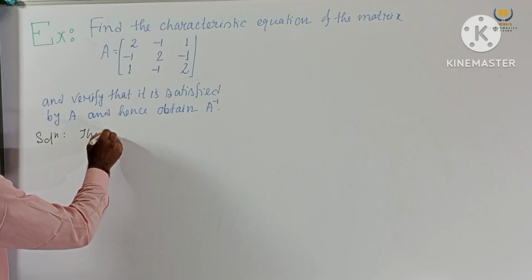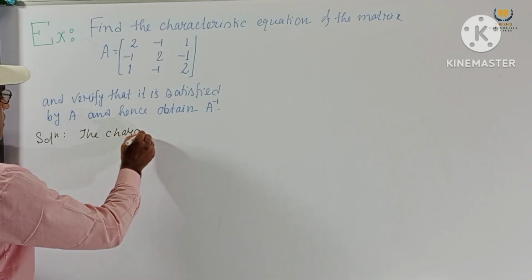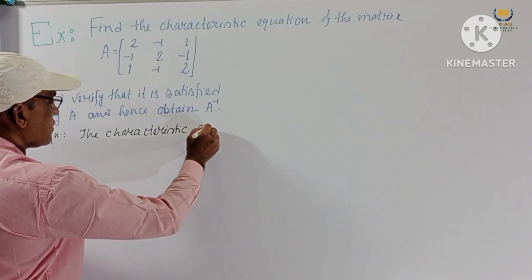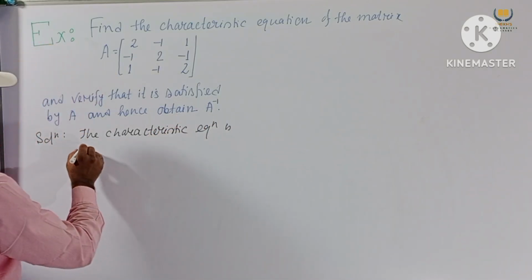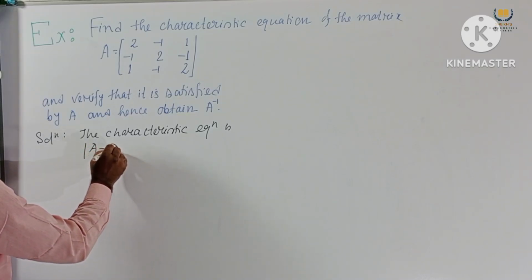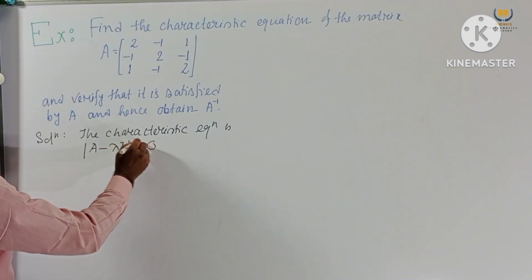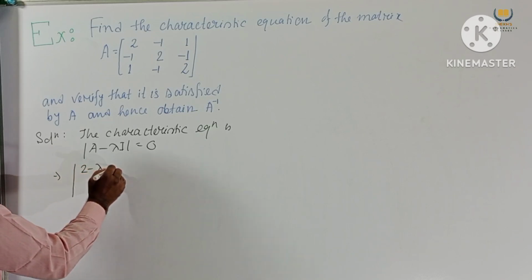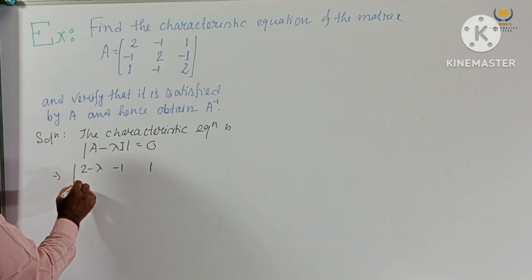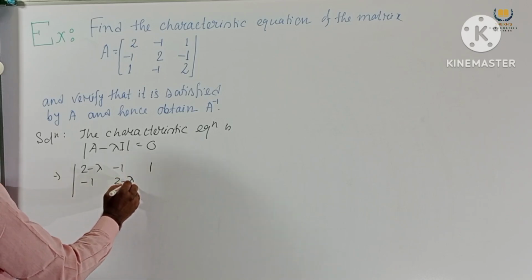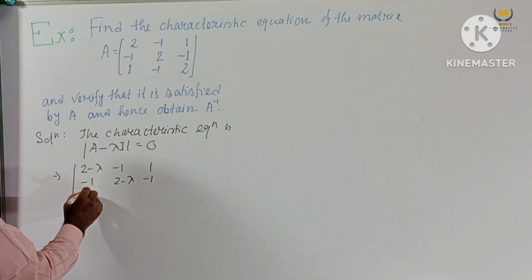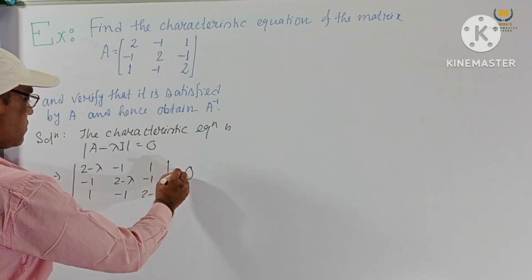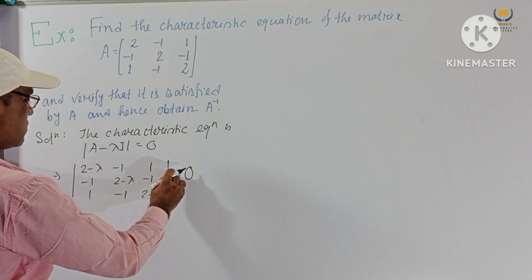The characteristic equation is determinant A minus lambda I equal to 0. So the determinant is |2-lambda -1 1; -1 2-lambda -1; 1 -1 2-lambda| equal to 0.